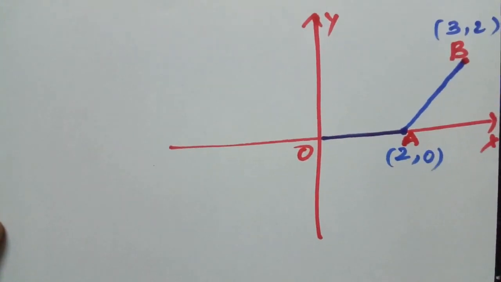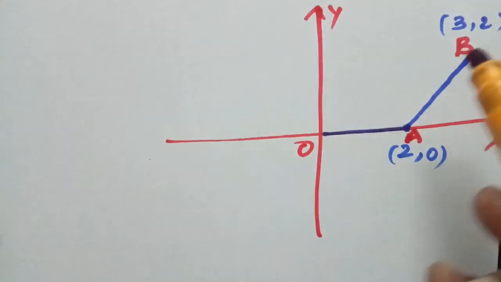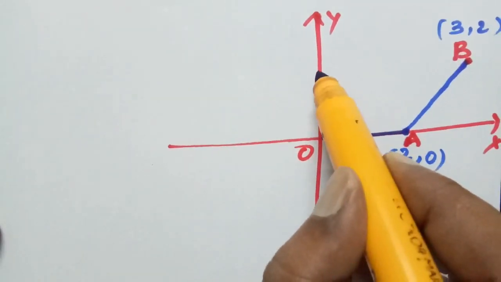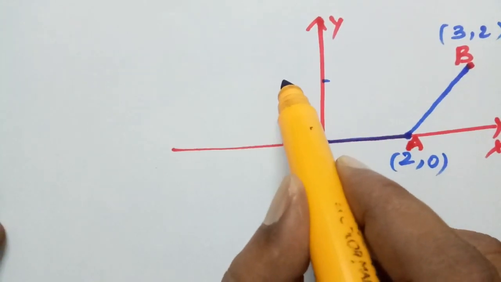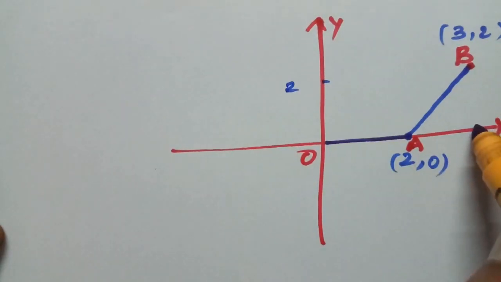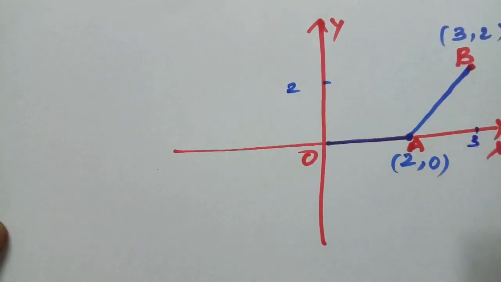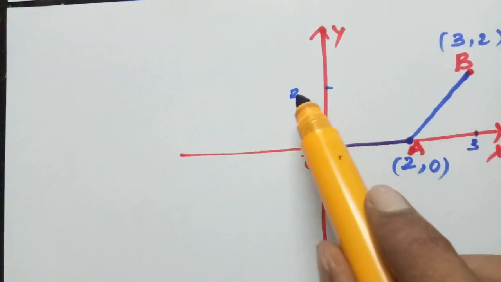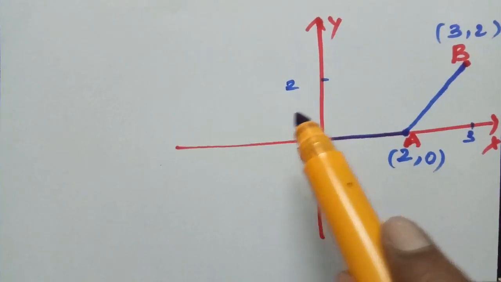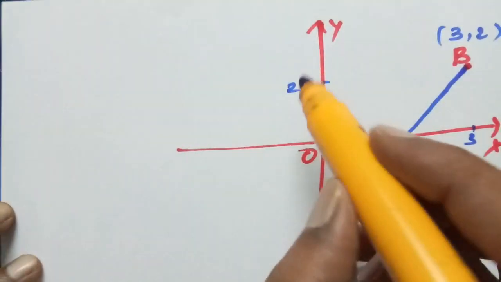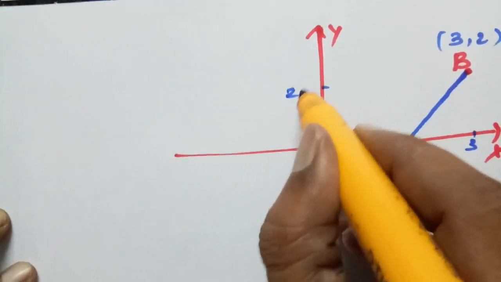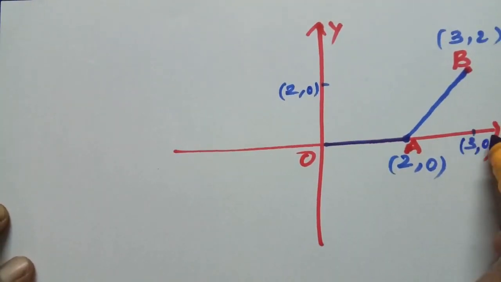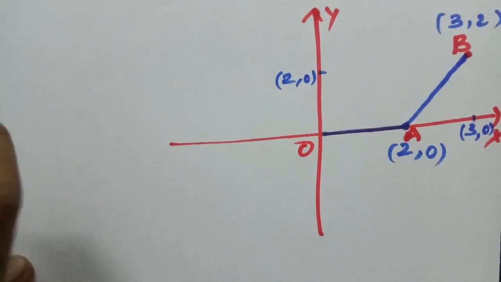Therefore, this is 2 comma 0 and this is 3 comma 0.